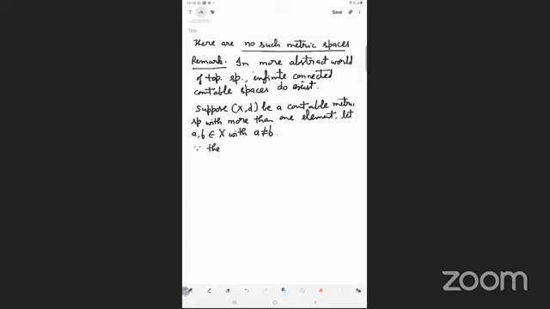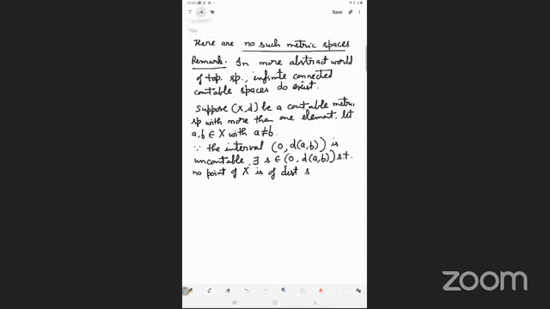Then we can say there exists an element s in this interval such that no point of X is at distance s from a.